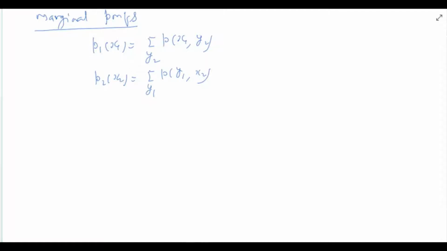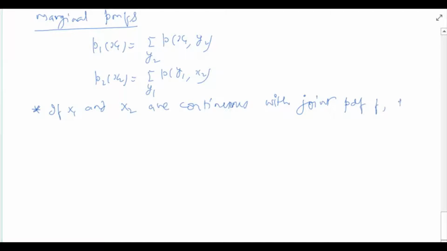On the other hand, if x1 and x2 are continuous with joint probability density function f, then we can compute the marginal probability density functions f1 and f2 as follows.